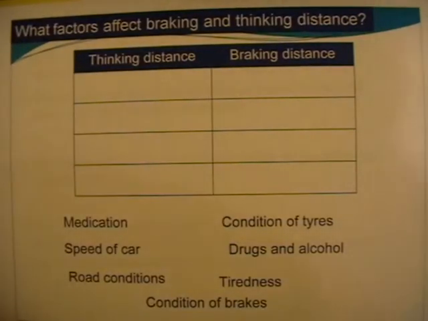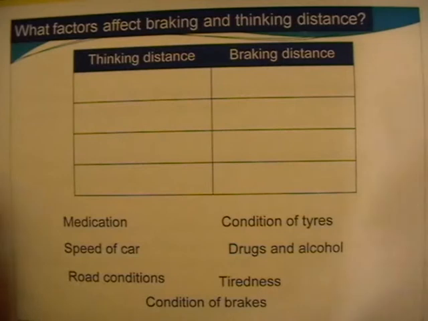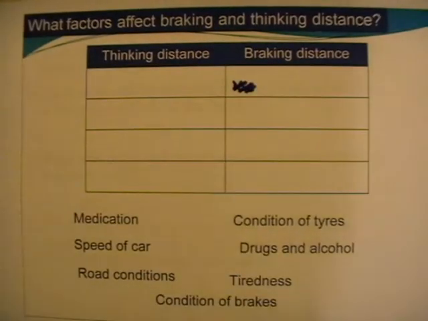Right, what factors affect braking and thinking distances? Now we need to look at the factors which affect braking and thinking distance. So your thinking distance is going to depend on how you're feeling at the time when you're driving, whether you're under the influence of any kind of medication or whatever, or if you're very, very tired. And that's going to affect your reaction time. And so obviously you're going to have a longer thinking distance if you are very tired and so on.